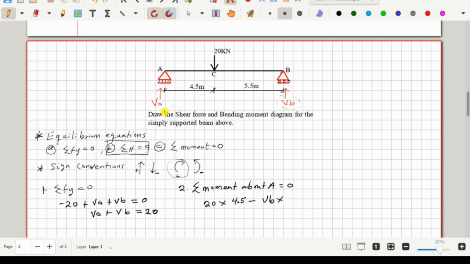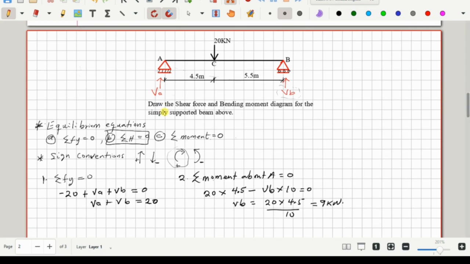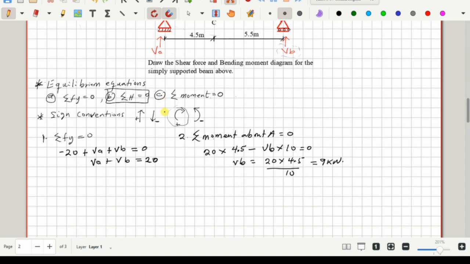If we sum that up, we'll have 10 meters. So 10 equals 0. Solving this, we'll have VB equals 20 times 4.5 divided by 10. And that will give us 9 kilonewton.